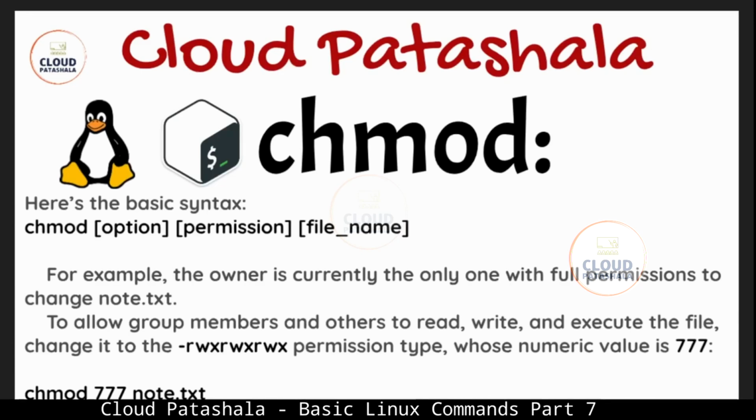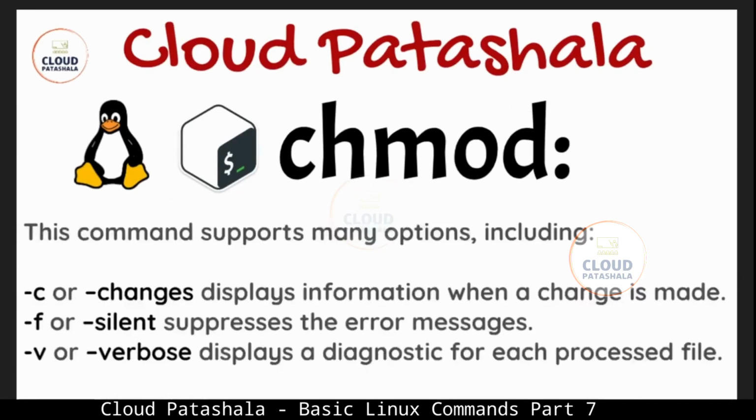For example, the owner is currently the only one with full permission on node.txt, that is read, write, execute permissions. So he can read the file, he can write the file, as well as execute that file. To allow a group user and others to read the file, we have to execute the command chmod 777 node.txt, which would change the permissions of the file.